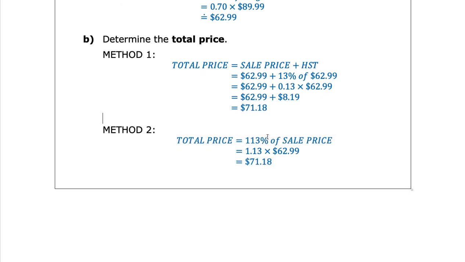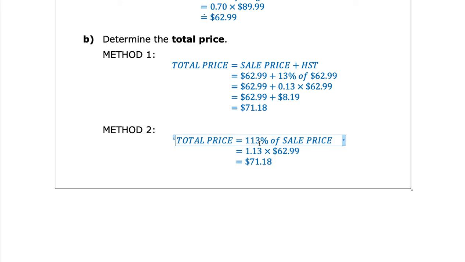It looks much shorter. Really, this is 113% of the sale price. Let's think this through. That's 100% of something plus an additional 13. So 100% is the original amount, and then that 13 is the additional amount.